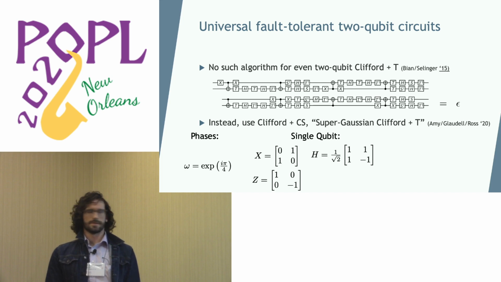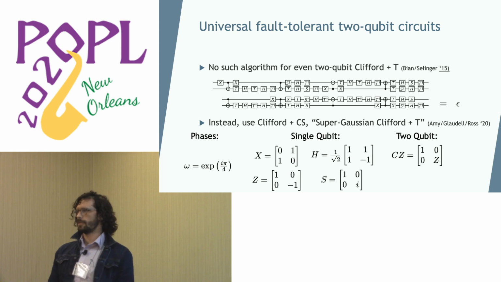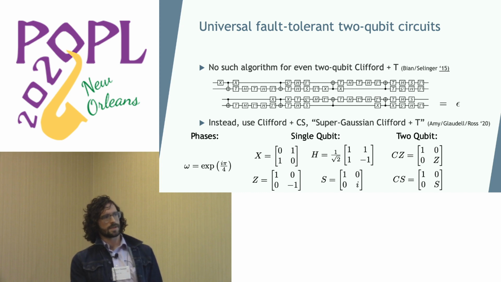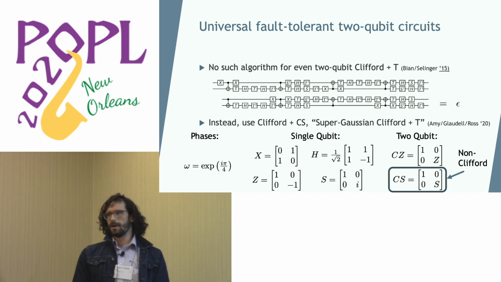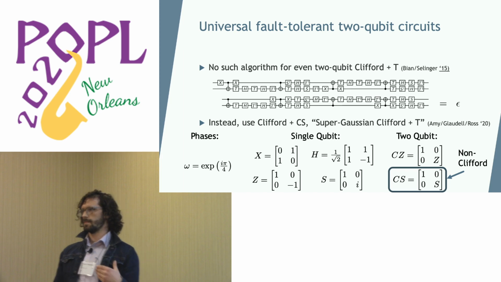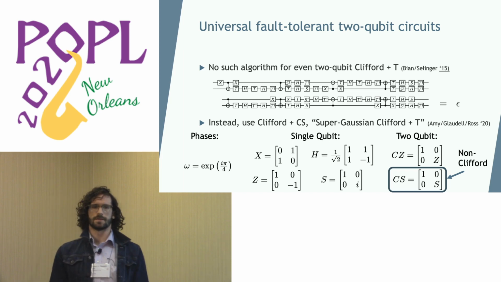You have your standard single-qubit Cliffords, your 2-qubit Clifford, control Z or control X, whatever you want, and then the CS gate, the controlled S gate. Because it's a controlled Clifford and explicitly not a controlled Pauli, we know it's a non-Clifford gate, and in particular one that you can implement using magic state distillation.